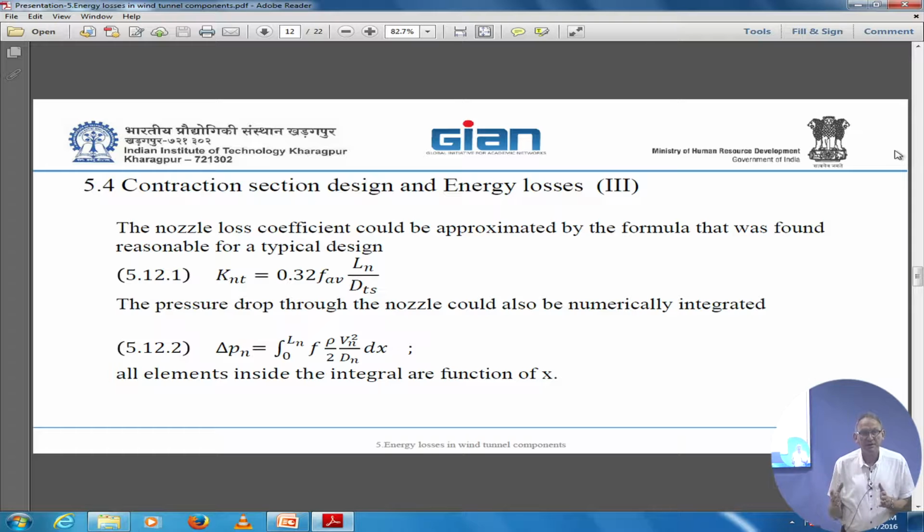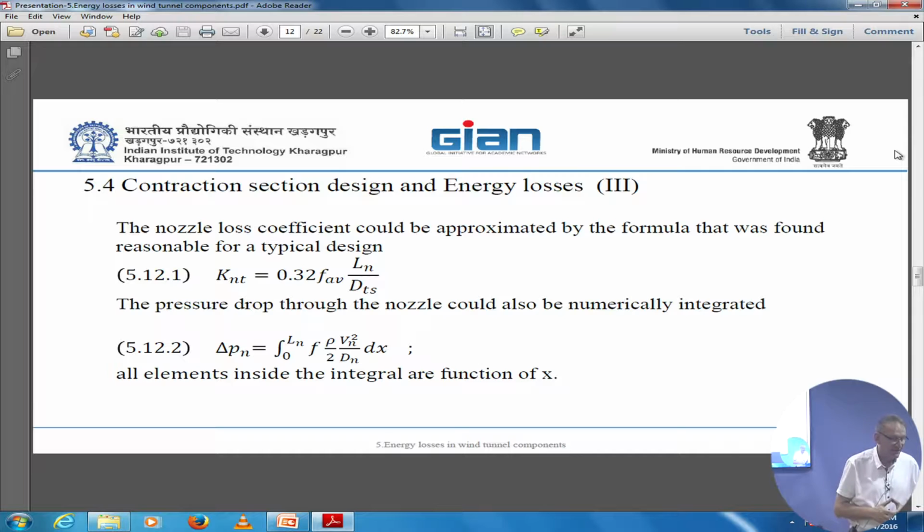If you have any turbulence level remaining within the settling chamber, this area ratio will attenuate the level of turbulence with respect to the area ratio. So the bigger the area ratio, the more the turbulence level will reduce.